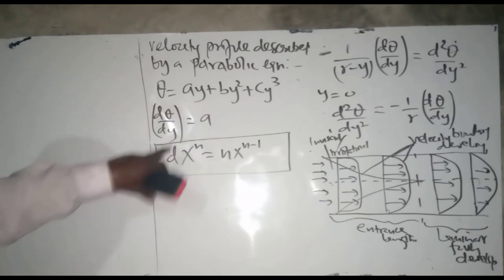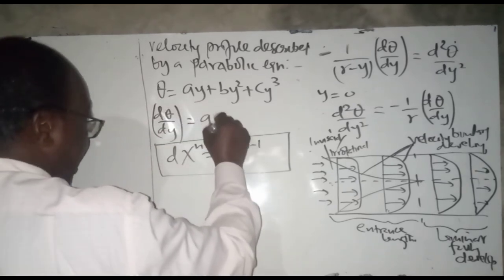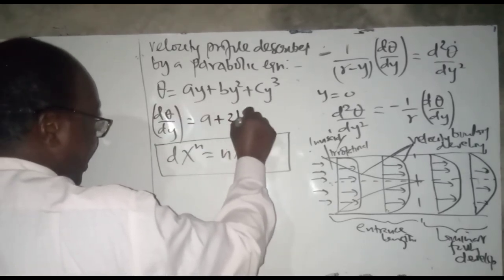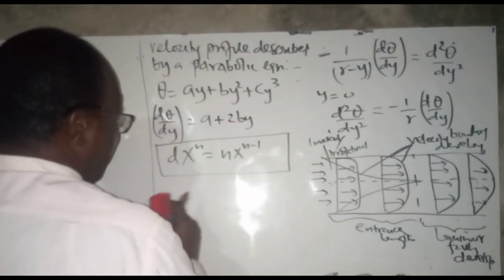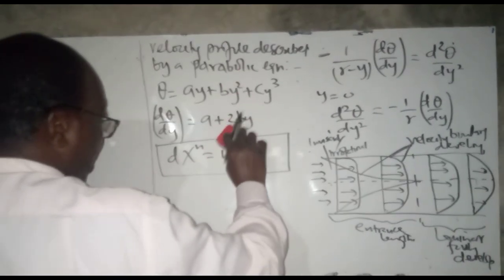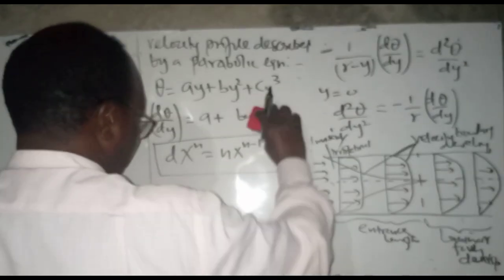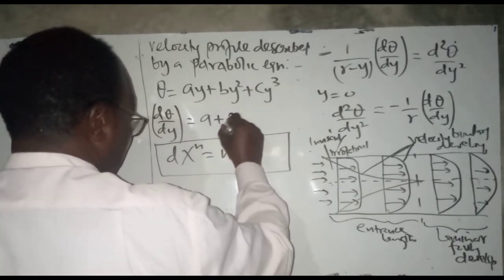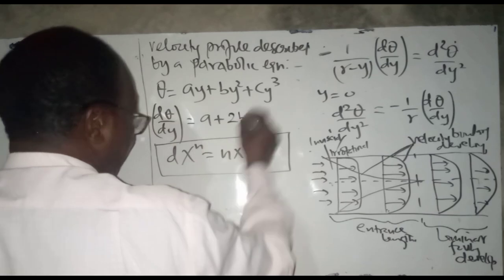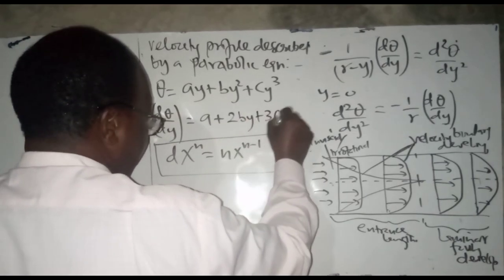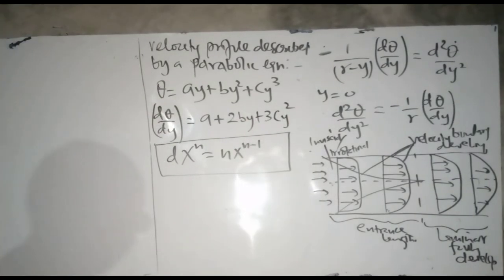So d theta by dy is a plus 2by plus 3cy squared.